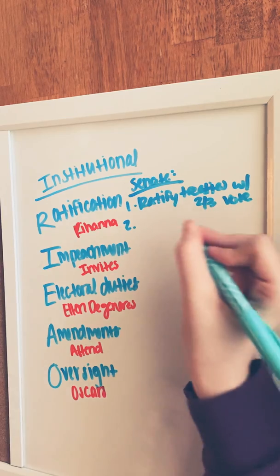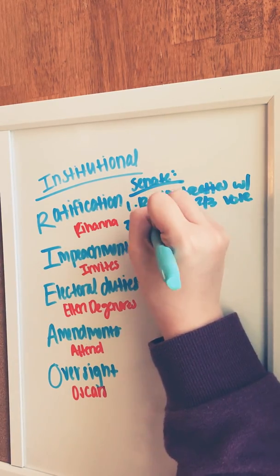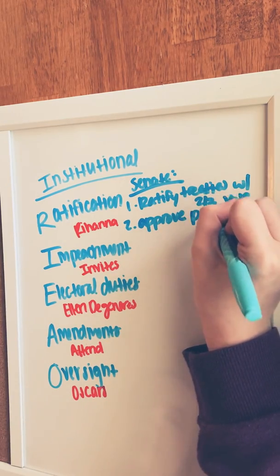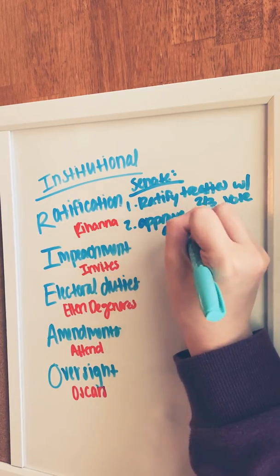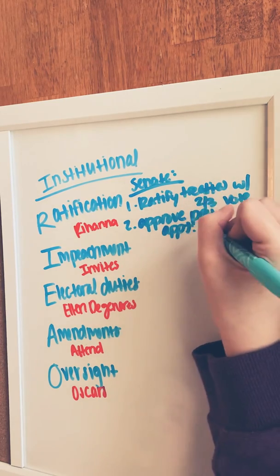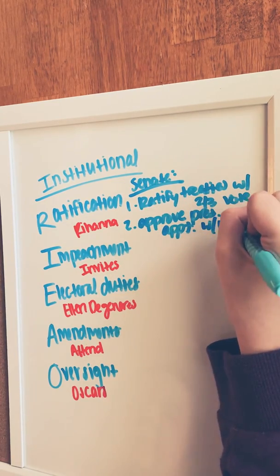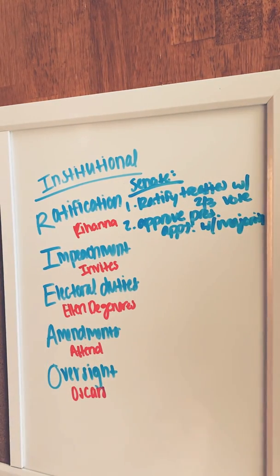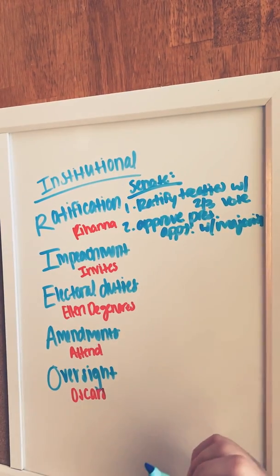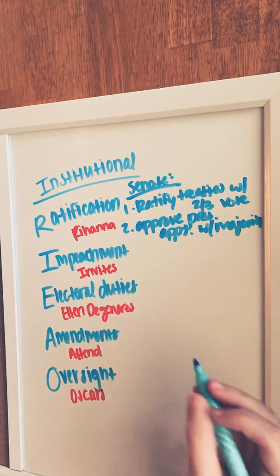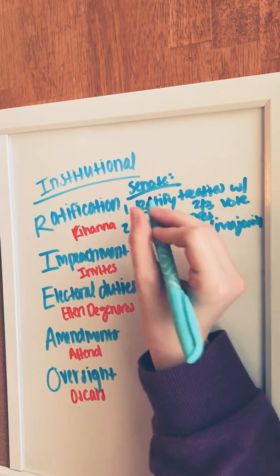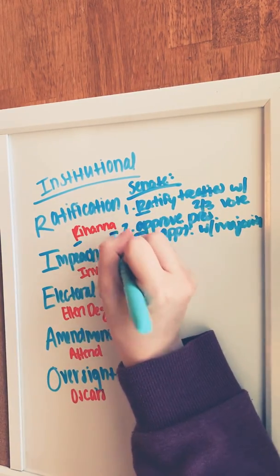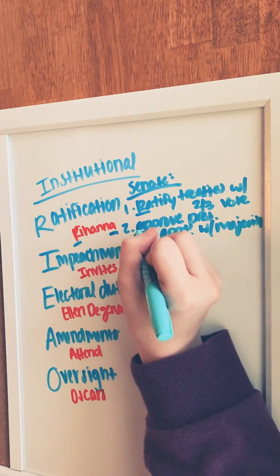The second is that they approve presidential appointment with the majority vote. Oh, that got a little messy. All right, so you're asking yourself, Abby, how do you remember these 2 things? Well, ratify starts with R, and approve starts with A. Rihanna starts with R and ends with A. So there you go, Rihanna.